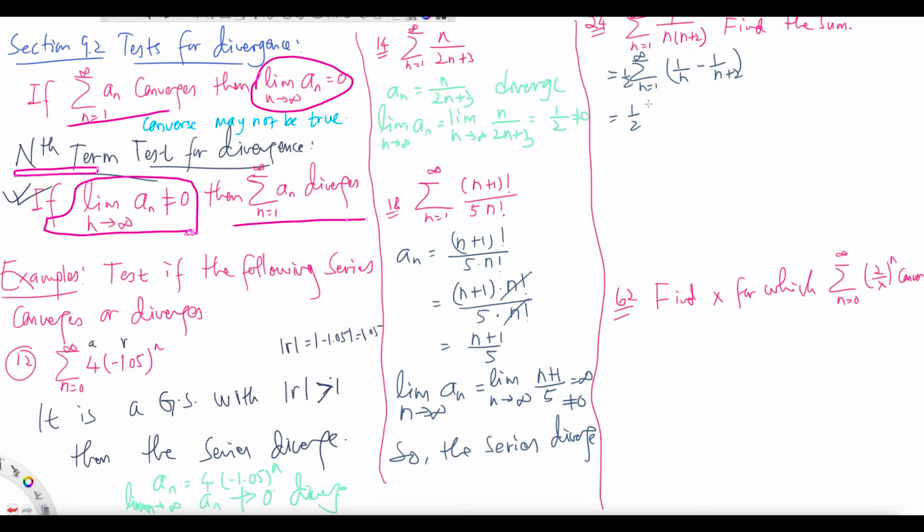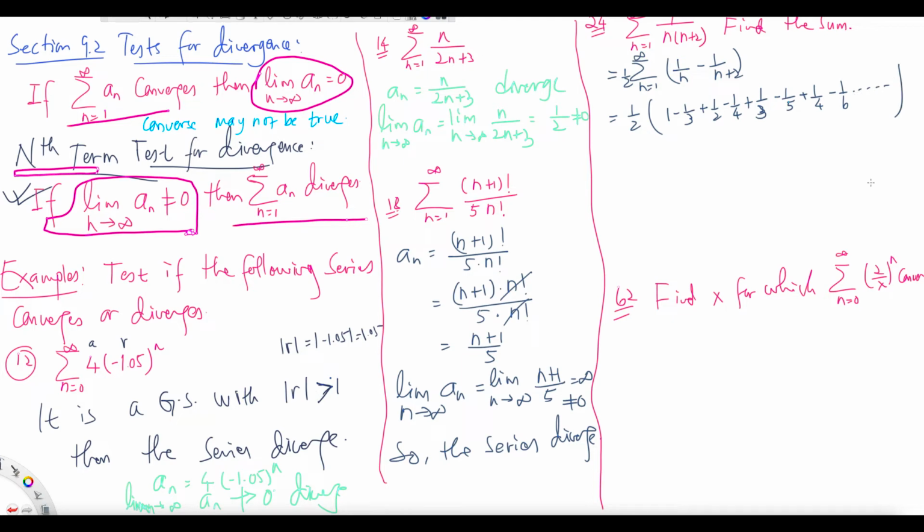Okay, now plug in n equals 1. What do you get? If you take n equals 1, then you get 1 minus 1/3. Plug in n equals 2. What do you get? Plus 1/2 minus 1/4. n equals 3: 1/3 minus 1/5, plus 1/4 minus 1/6, and so on.